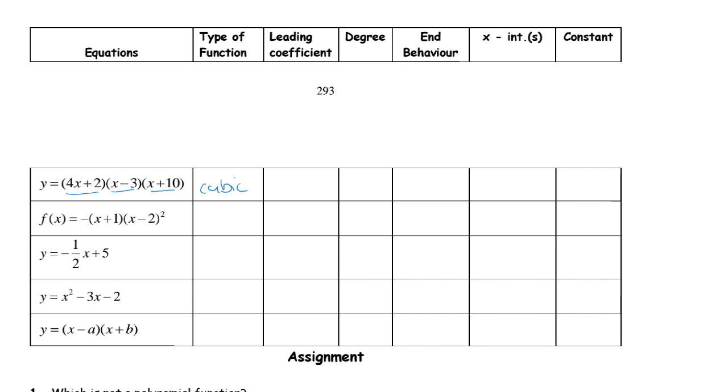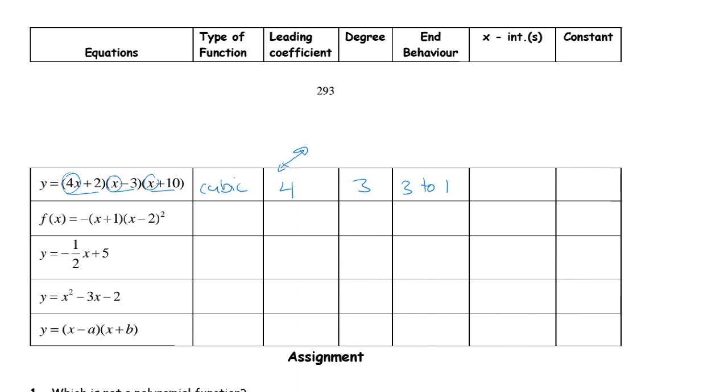The leading coefficient occurs when I multiply these together. So 4x times x times x is 4x cubed, so 4. The degree is 3. Because the leading coefficient is positive, this is going to move up, going from quadrant 3 to quadrant 1. Now, I get my x-intercepts from the zeros.